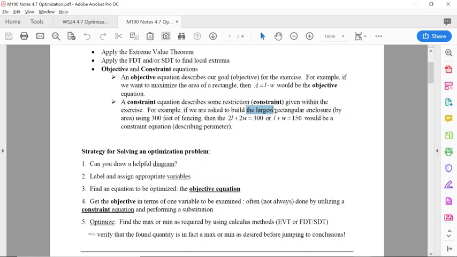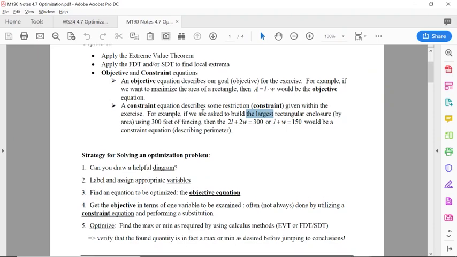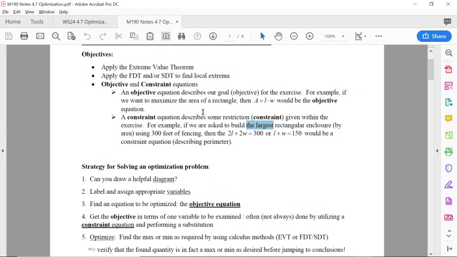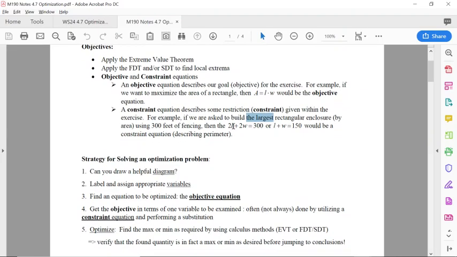Okay, by replacing L with 150 minus W, we would now have an area equation where the only input is the width W. So we have A as a function of W. And now we can maximize A, the area, by using our technique from calculus. We now have a single variable function. We should consider the domain. L is greater than 0, W is greater than 0, for example.